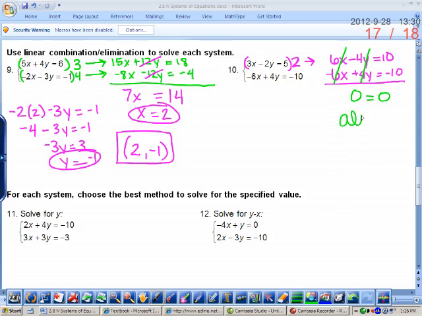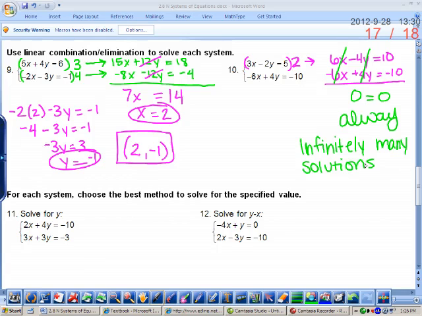So what do you think our answer is here? Infinitely many solutions. Yes. It could be any true statement. It doesn't have to be 0 equals 0. It could be any true statement.